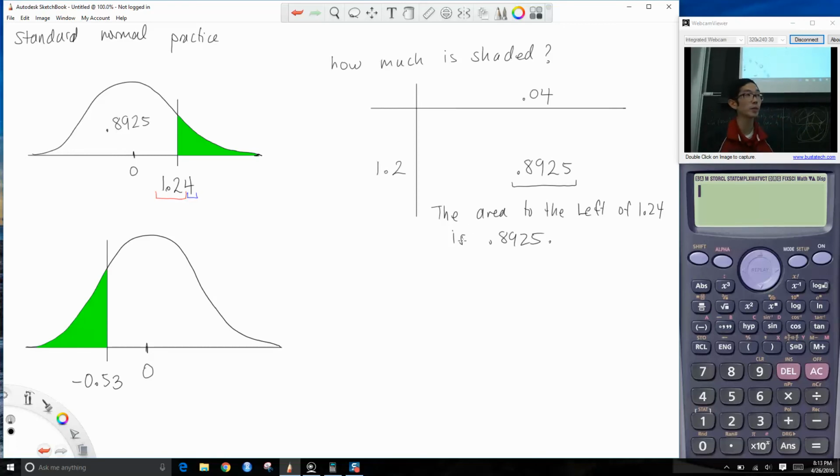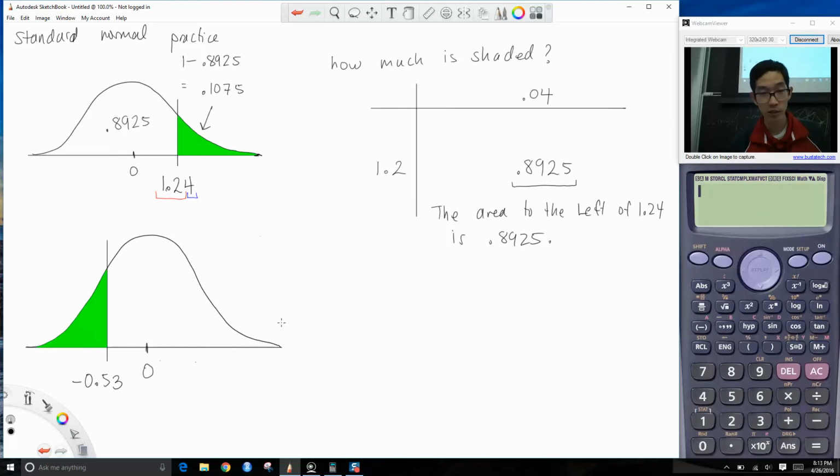But how much do I have shaded? I'm going to have 1 minus that, which is going to give me what? 0.1075. 1 minus 0.8925 is 0.1075. So how much is shaded?